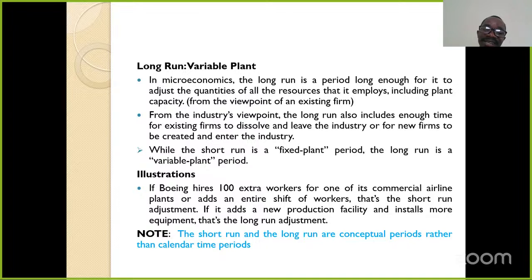If Boeing hires 100 extra workers for one of its commercial line plants, or adds an entire shift of workers, that's a short run adjustment. But if it adds a new production facility and installs more equipment, that's a long run adjustment. So a reminder again, we are talking about conceptual periods.